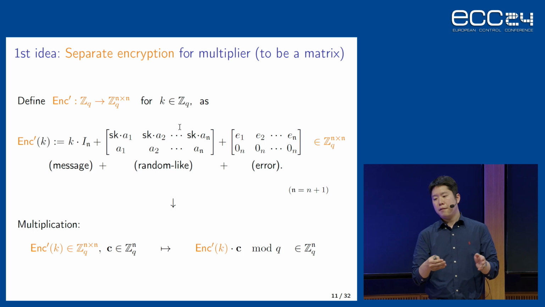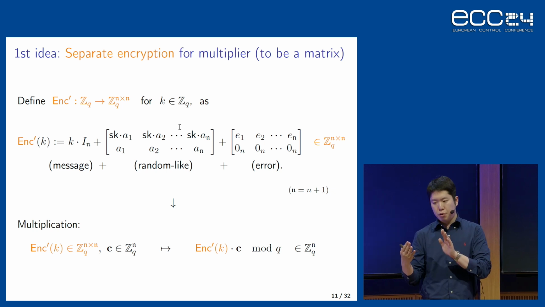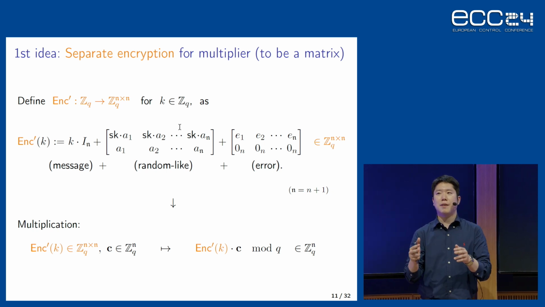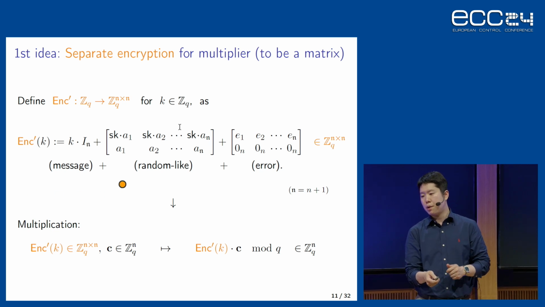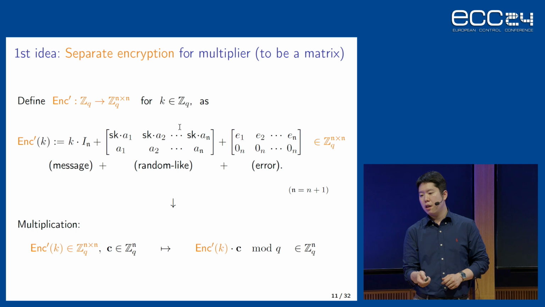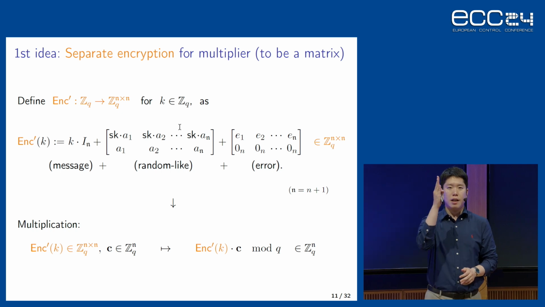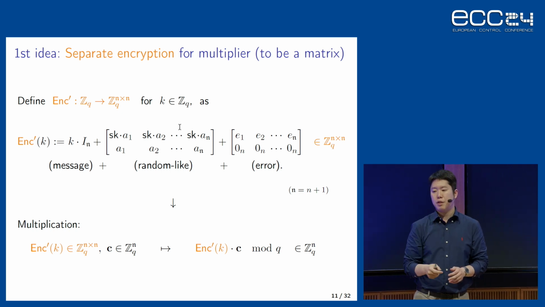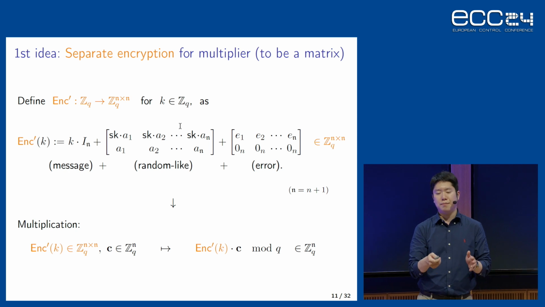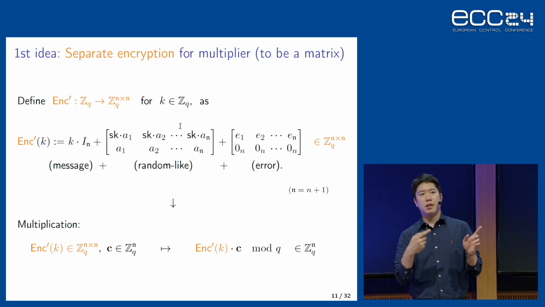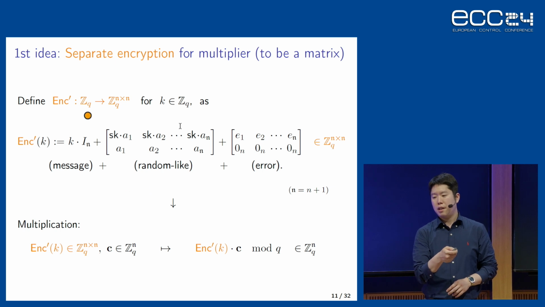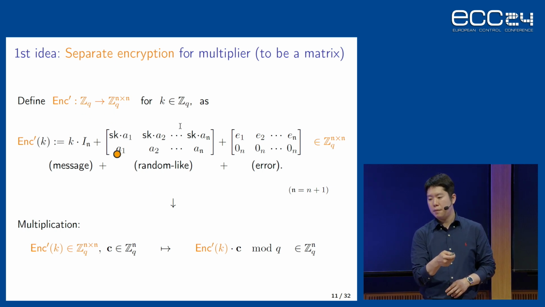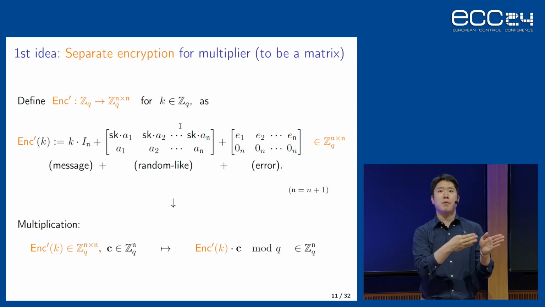Again, after the encryption, the ciphertext consists of three parts: the message part, the random-like part, and the error part, where we apply LWE-based encryption column-wise. We have seen in the previous slide that this first column added by this small error column results in a random-like number, right?